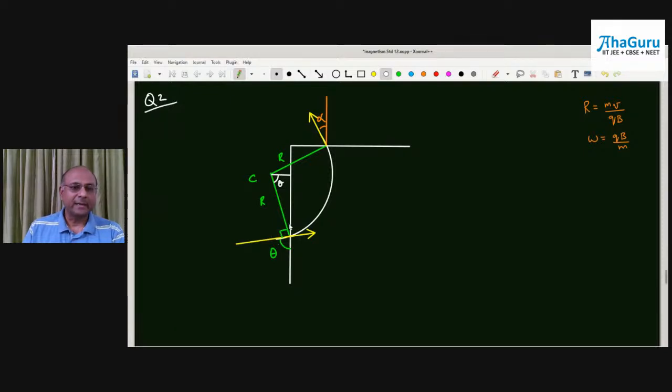Theta, 90 minus theta, theta. Now if this is alpha, this angle is 90 minus alpha. So therefore this is going to be alpha. And then you can see that this line and this line are basically parallel to each other. And therefore this is alpha. So the total angle it is turning from here to there is theta plus alpha.